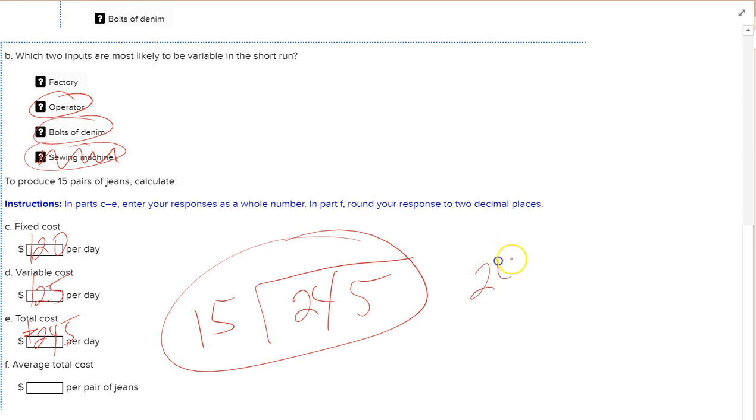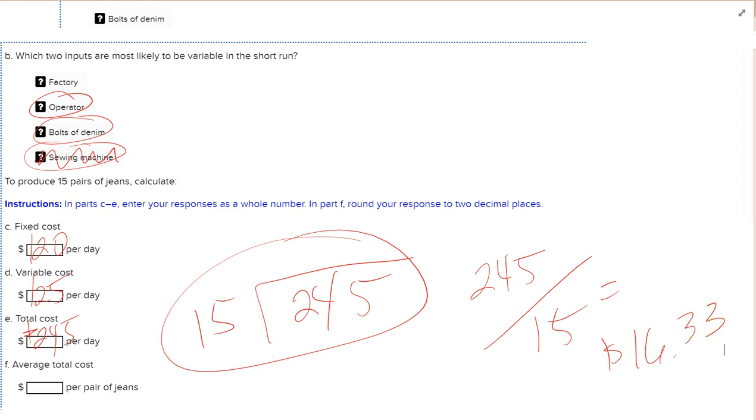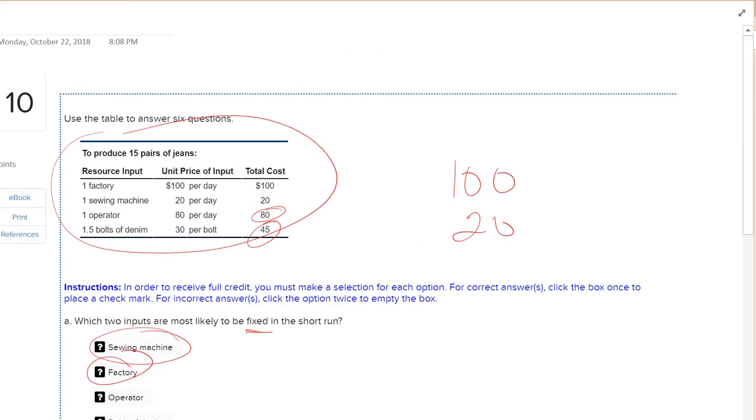Another way to do that, if you want to set it up, is 245 divided by 15. That's going to give us our average total cost. All right. And just by way of checking your work, because you're going to have another one to practice with, is 16.33. So there you go. That one, not so bad, but it's an important concept to make sure you practice.